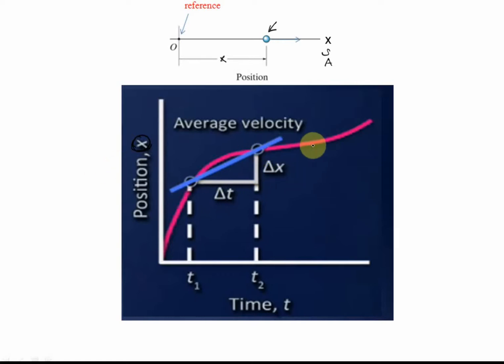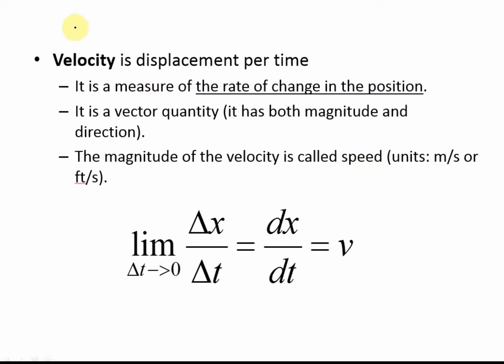So the average velocity is delta x divided by delta t. As I told you, the velocity is the displacement per time. It's the measure of the rate of change in the position.